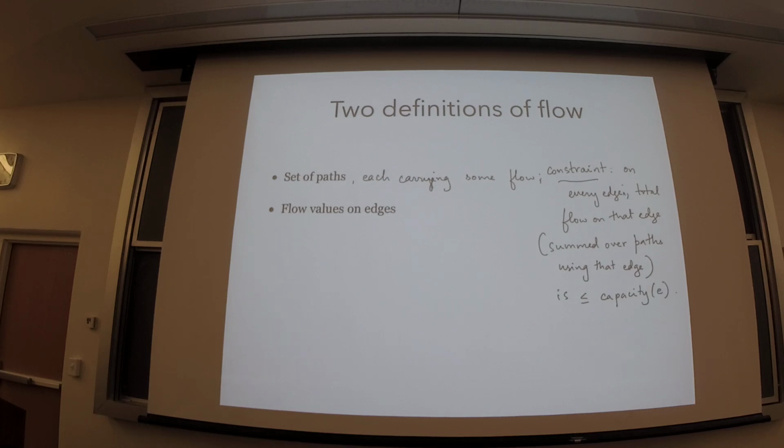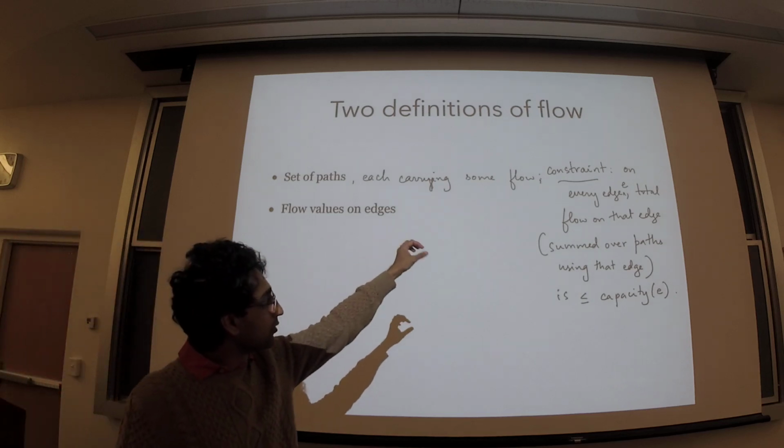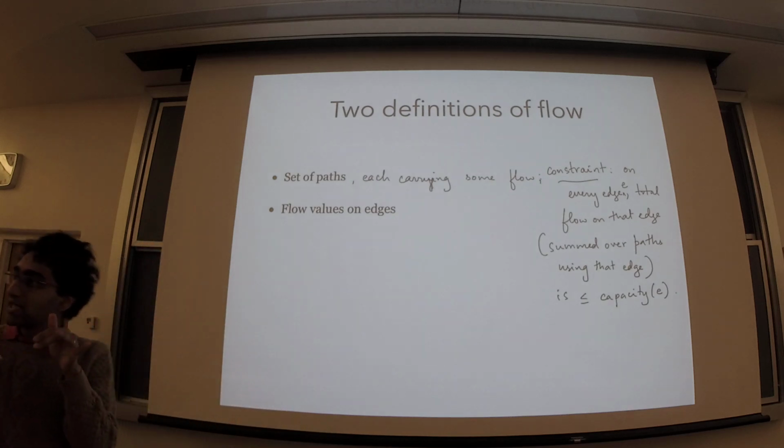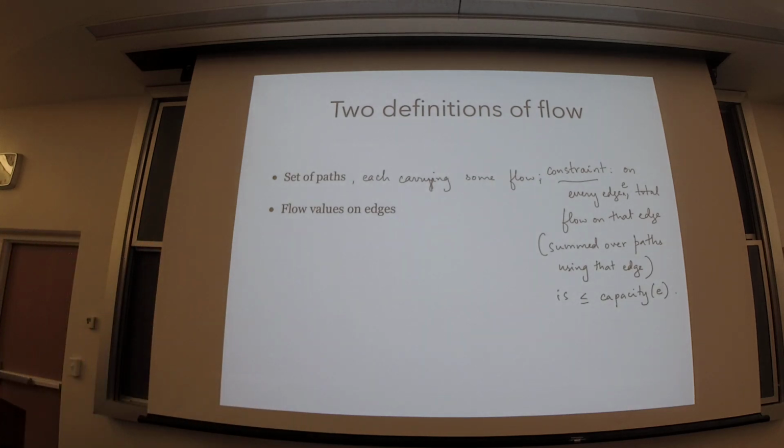So for every edge e, if you look at the total flow over paths that use that edge, then it must be smaller than or equal to the capacity.